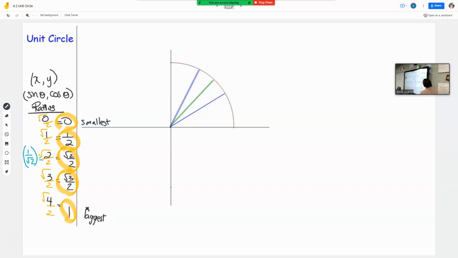The smallest y can be 0, the biggest y can be 1. Here we have the middle guy. And then we have the smaller, but not the smallest. And then we have the bigger, but not the biggest. Maybe this will help, maybe it won't. But for visual people, getting an understanding of the unit circle, this is one way of thinking about it.